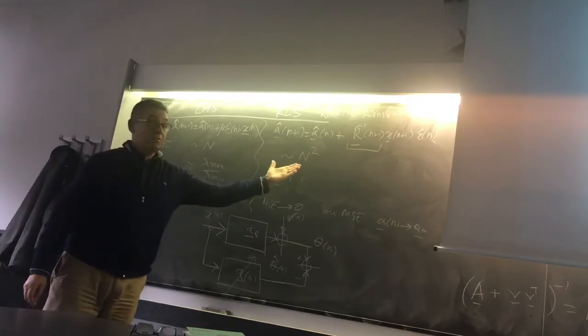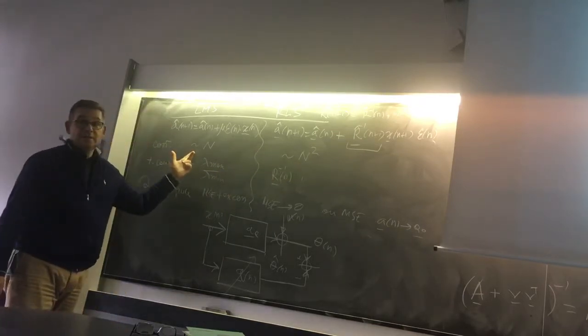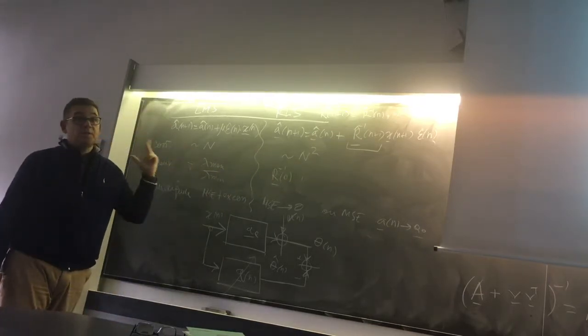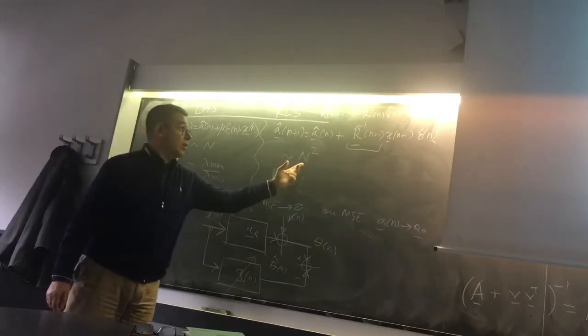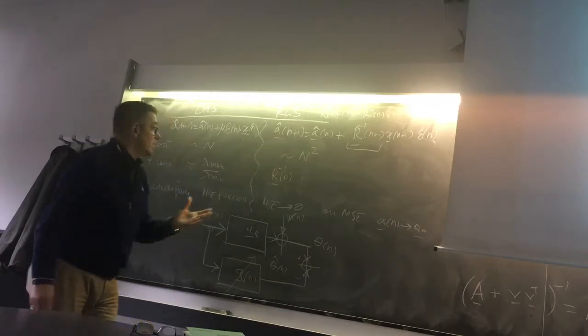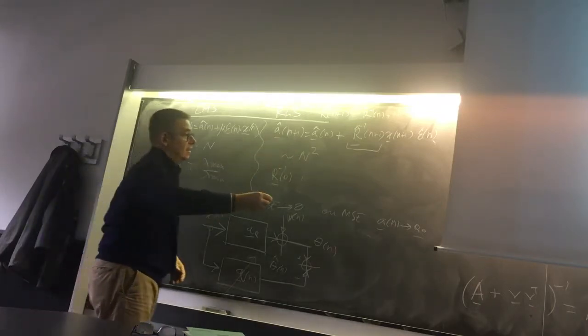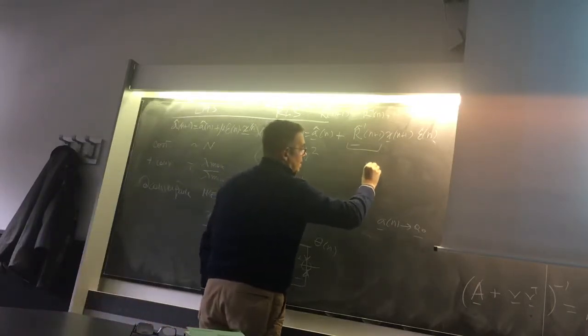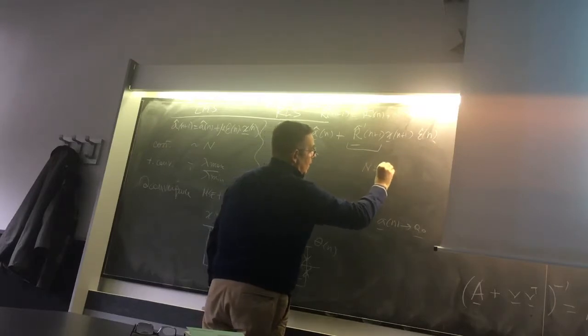But this costs n squared, this costs n. So nothing comes for free, because that one is more expensive. Imagine that n is 50.